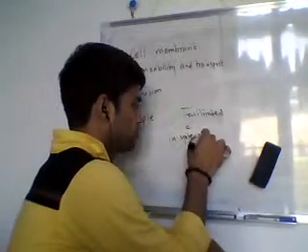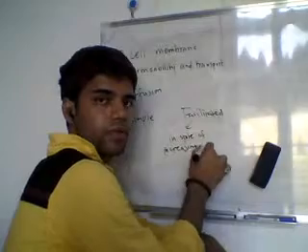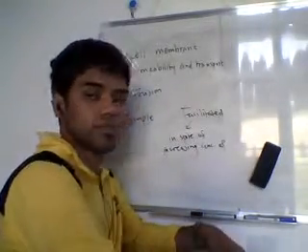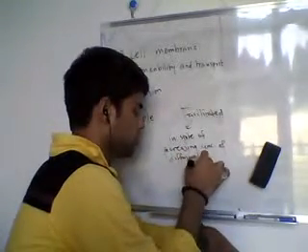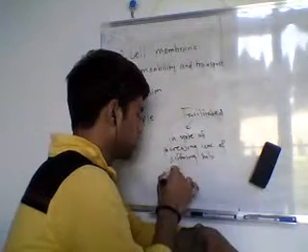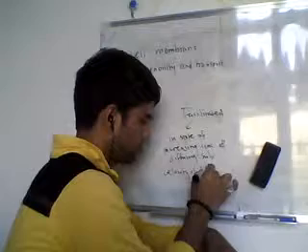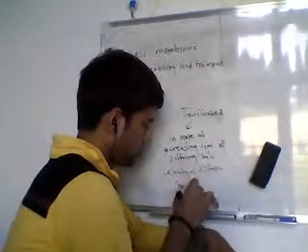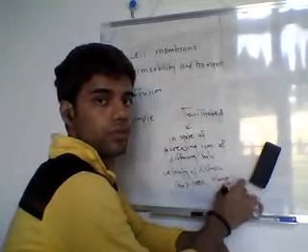In spite of increasing the concentration of diffusing substances, the velocity of diffusion cannot cross Vmax.